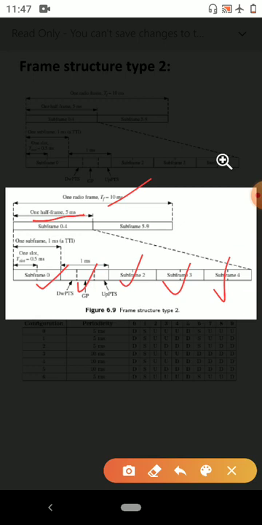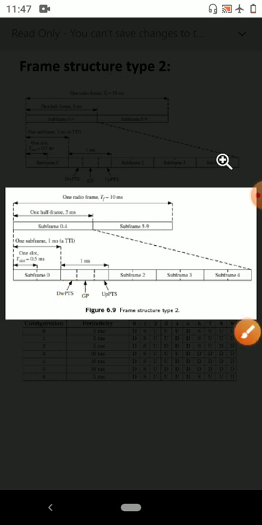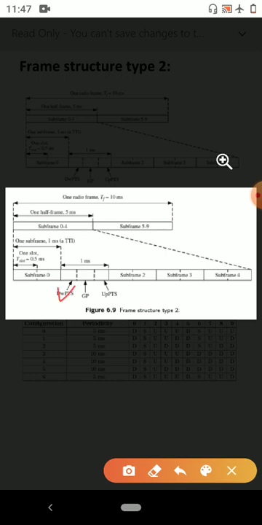There are special subframes which consist of 3 fields, that is downlink pilot time slot, next guard period GP, and uplink pilot time slot, that is UpPTS.